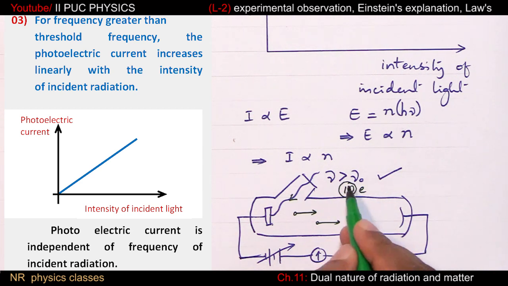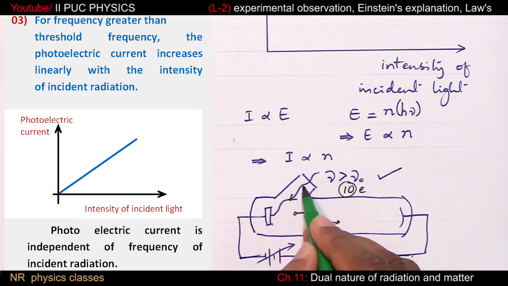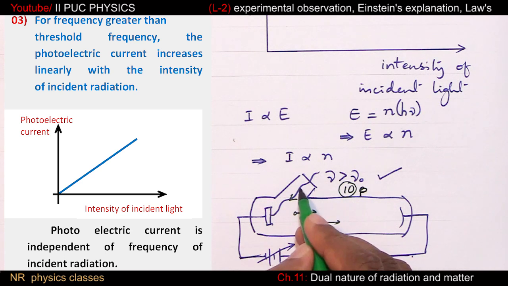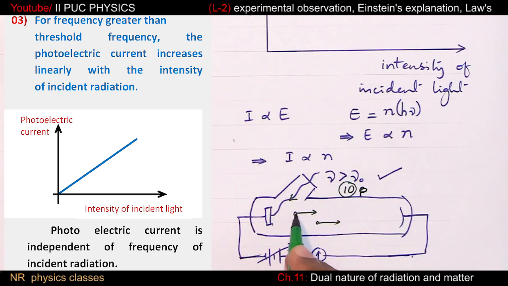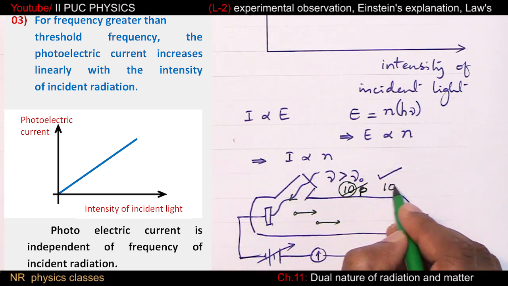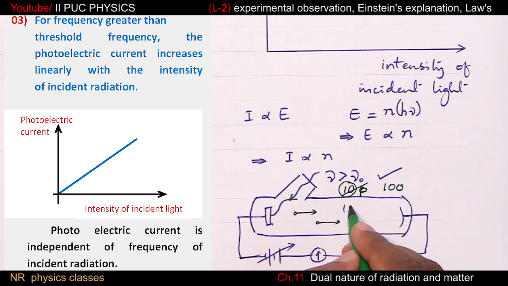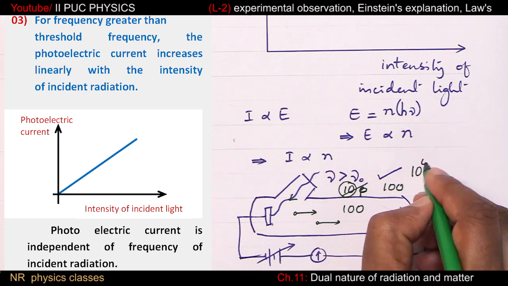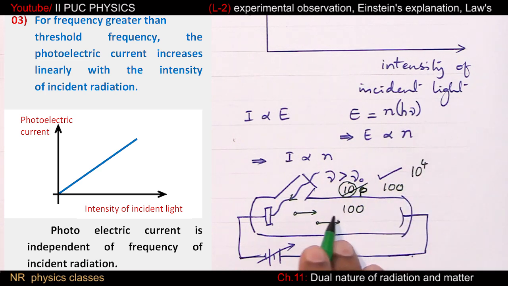Now if 10 photons are falling, P stands for photons, then maximum 10 electrons are emitted, even less than 10, doesn't matter. If 100 photons are falling, maximum 100 electrons emission. If 10 power 4 photons are falling, number of electrons also increases.